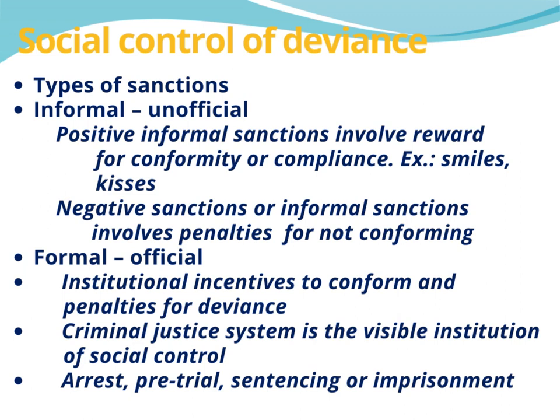When we say informal or unofficial, the positive informal sanctions involve reward for conformity or compliance, for example smiles, kisses. Negative sanctions involve penalties for not conforming, while formal or official sanctions are institutional incentives to conform and penalties for deviance. Like the criminal justice system, the visible institution of social control, through arrest, trial, and sentencing or imprisonment.